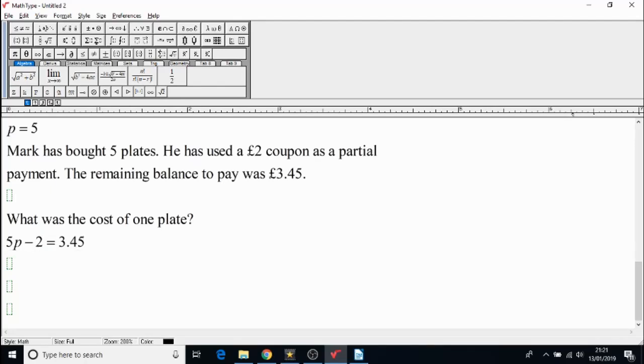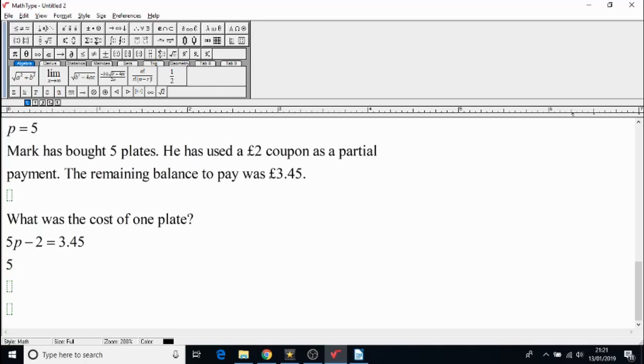Now, because we used a £2 coupon as a partial payment, we want to work out how much is the full payment if you didn't use the £2 coupon. So we want to plus 2 from the left-hand side, so that we know the full price given for the 5 plates.